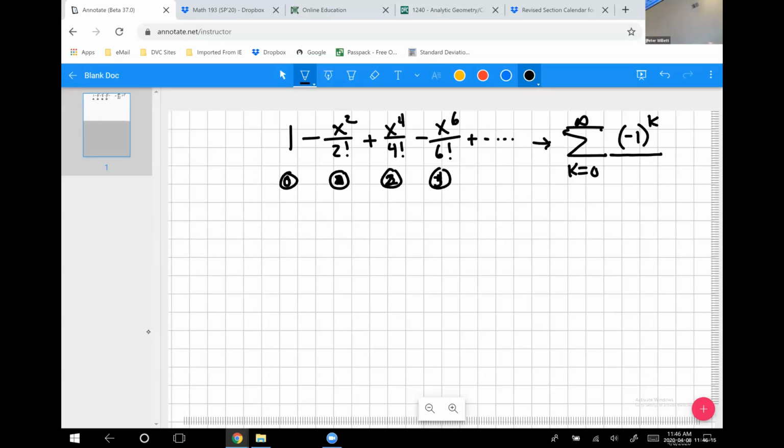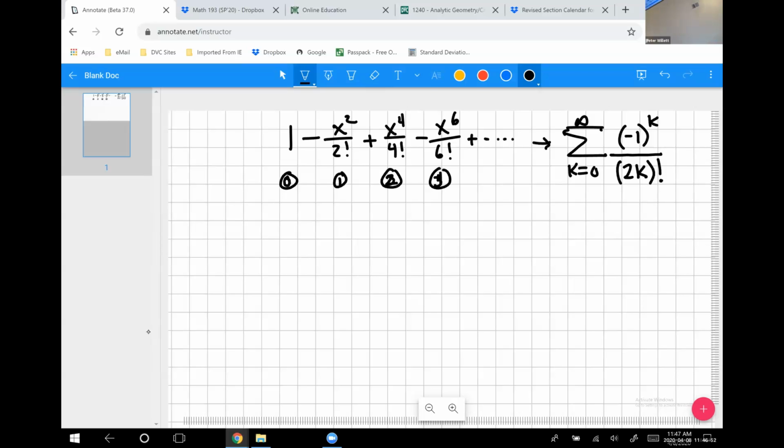Then what am I dividing by? I'm not dividing by the number factorial. Let's fix that so it's legible. I'm dividing by the factorial of twice the number, so I'm going to write this as 2k factorial.